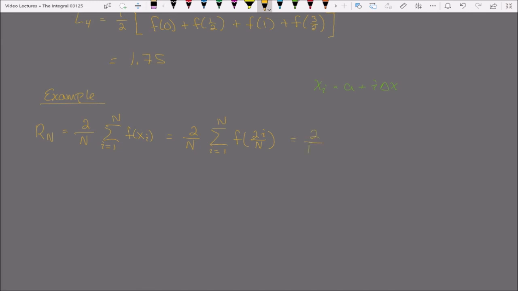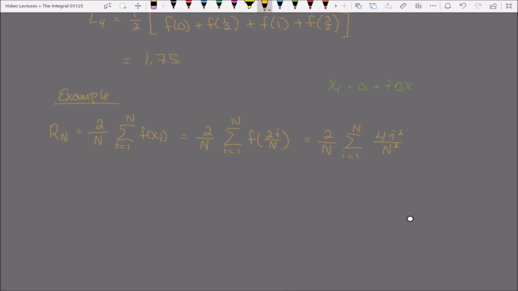So that's 2 over n times the summation i equals 1 to n of 4i squared over n squared. But that 4 over n squared is constant, so we can pull it out of the sum and we get 8 over n cubed times the sum i equals 1 to n of just i squared. That is one of those useful sums that was introduced earlier.